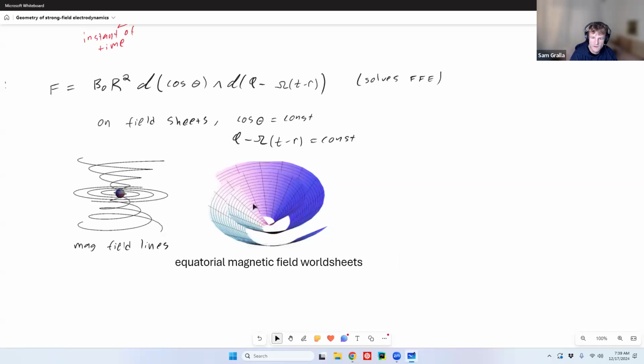So this on the right is a space-time diagram, and on the left is a spatial diagram. And so the field sheets, you can kind of see if you imagine slicing this thing, put vertical slices through it, you'll get those spiral field lines.